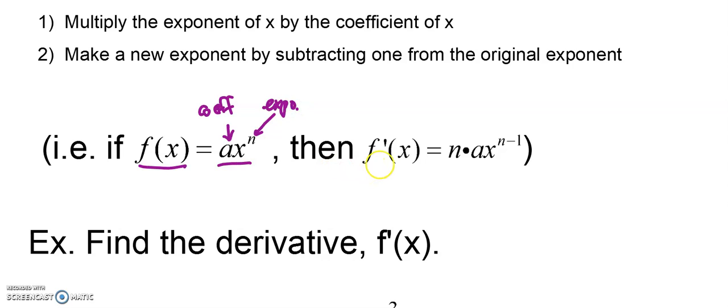Well, to find the derivative, all you simply are going to do is take this exponent and multiply it by whatever the coefficient in front of x is. So you're going to multiply the old exponent, n, by a, and then to create the new exponent of x, you're going to subtract 1 from the old exponent. Okay, and that's it.